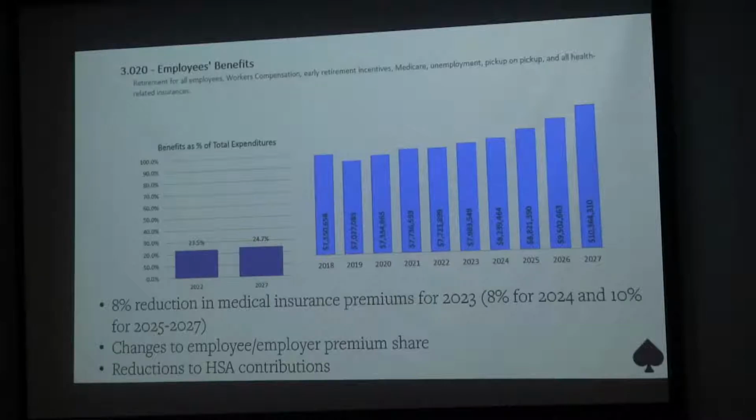So we will continue to do that, but we have 10% then built out for 25 through 27. And then also through the collective bargaining process, we have made changes to the employee-employer premium share and HSA contribution adjustments as well to really keep this line item in check because it does tend to grow at the fastest rate of all the expenditure categories.